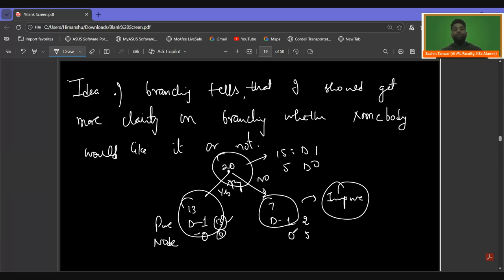That means I should be able to get more and more pure nodes. If not pure, it should be near perfect. For an example, only 1 out of 18 or 2 out of 18 were saying that they did not like it. So the balance should not be maintained over there. It should be completely imbalanced.